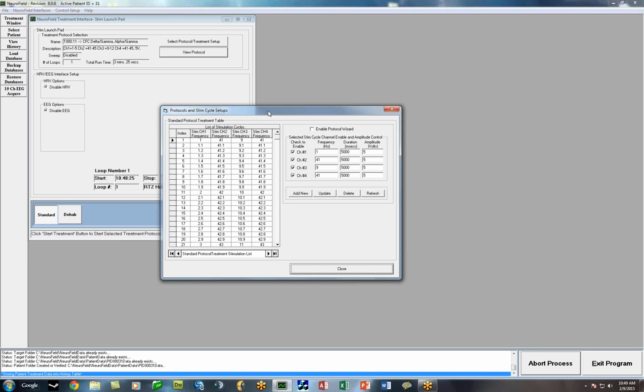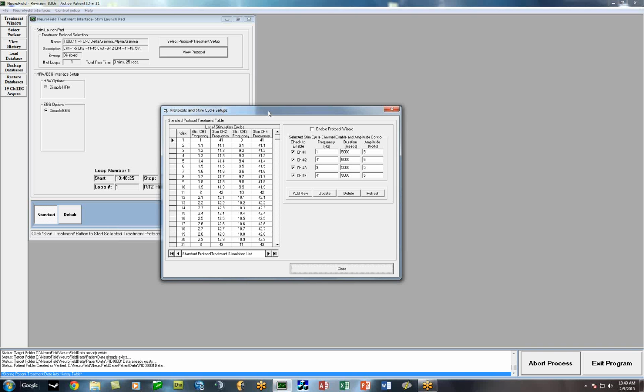So essentially, you're giving delta and gamma simultaneously. Now, channel 3 and 4 is starting at 9 hertz and 41 hertz respectively. So you're giving alpha and gamma simultaneously. Now, when you stack coils on top of each other, what you effectively do is you create an electromagnetic binaural beat.